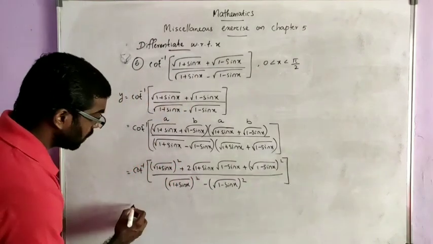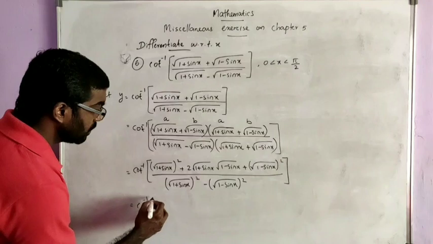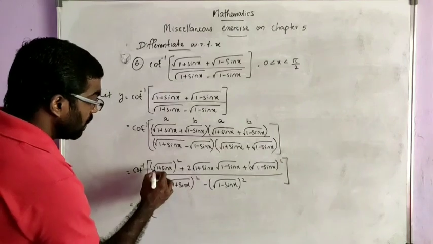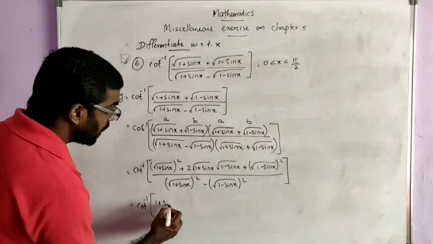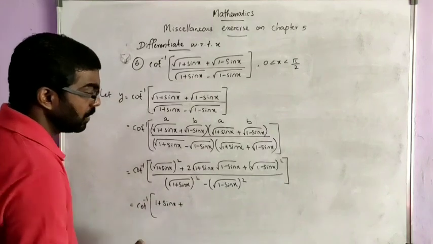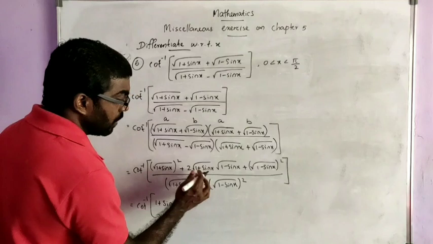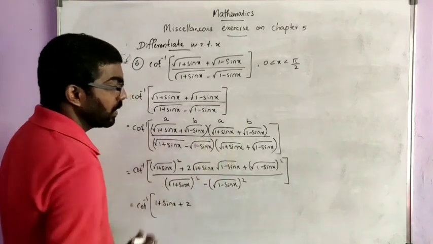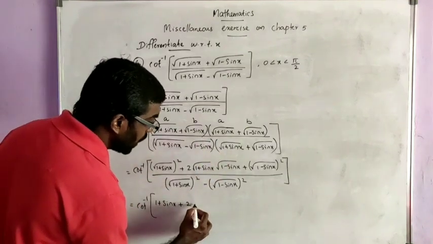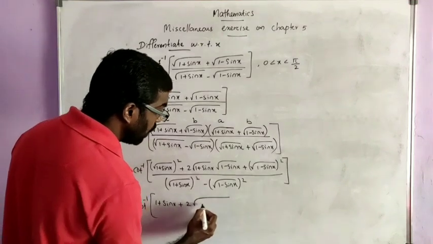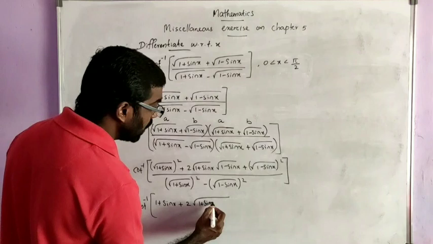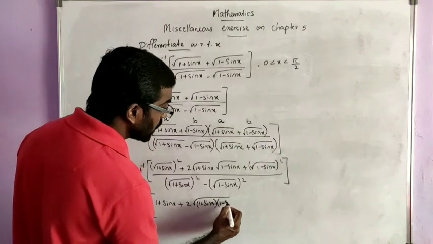Clear? So which is equal to cot inverse, here root of 1 plus sin x the whole square is 1 plus sin x, then plus 2 into root a into root b, root ab, so root of 1 plus sin x into 1 minus sin x.